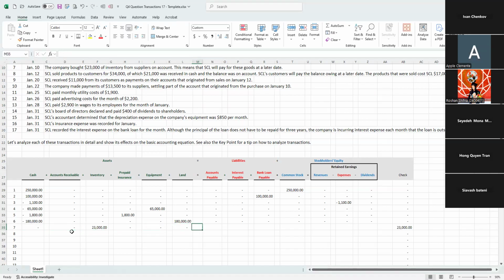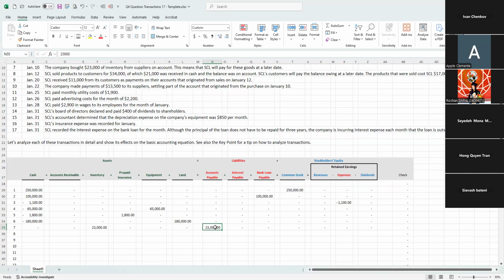Accounts payable. $23,000 accounts payable. So do you see now? If we pay cash, our cash goes down. But since we didn't pay cash, our liability goes up. Why? Because now I have to pay $23,000, which I didn't pay when I purchased the inventory. Make sense?